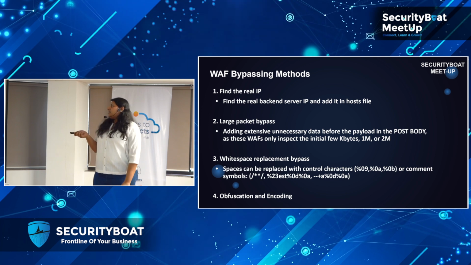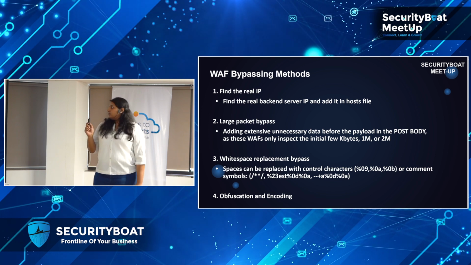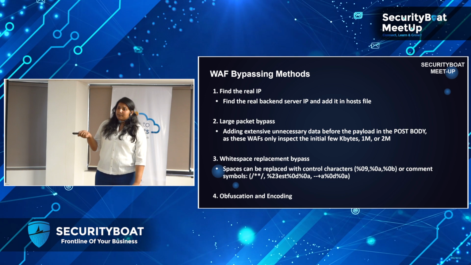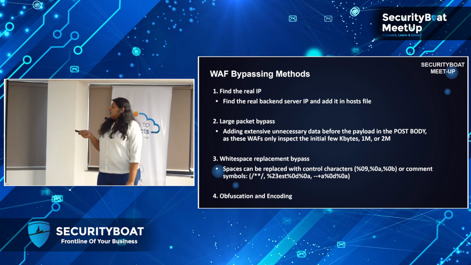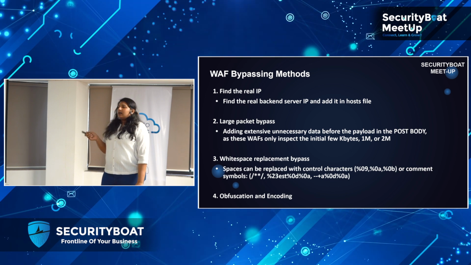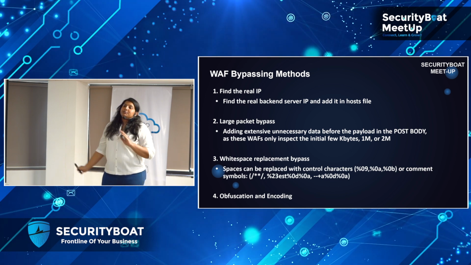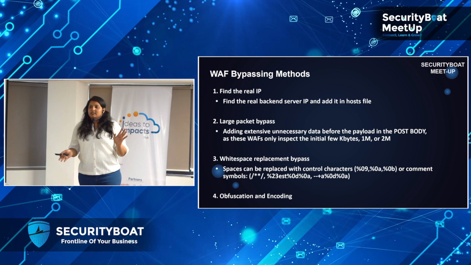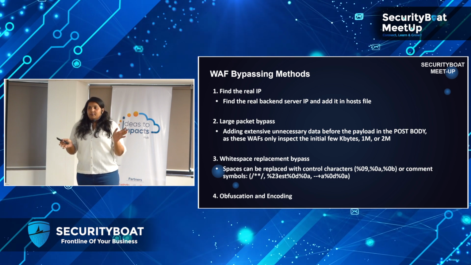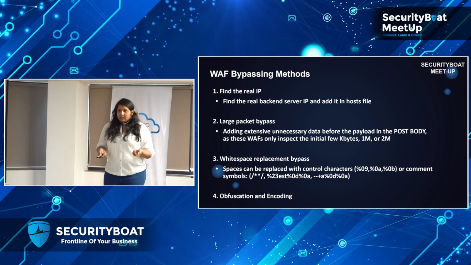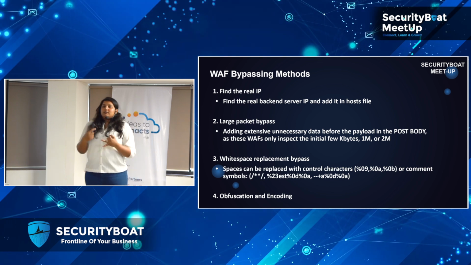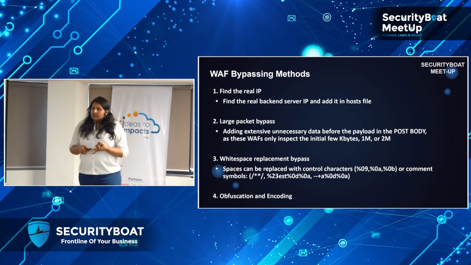So to bypass the WAF and directly reach the web application, we can use some methods listed here. Again, these are not limited; there are lots of methods you can use. But it depends on which WAF you are trying to bypass, whether it is CloudFront by Amazon.